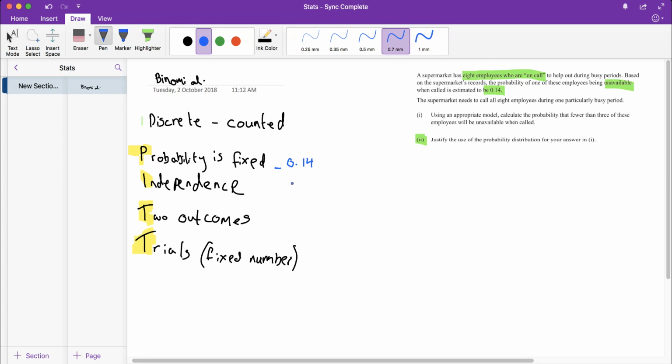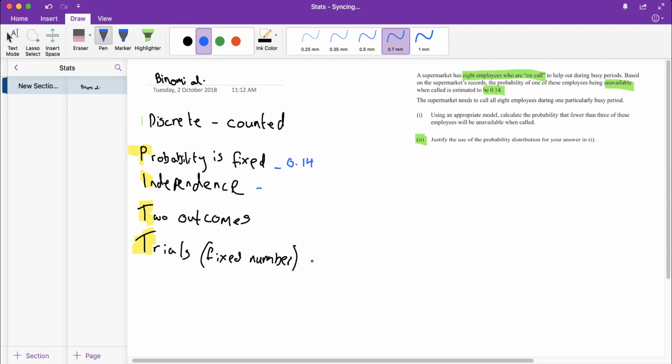If I phoned multiple members of these 8 and asked them, are you available to work, they're not going to know that the last person said that they were unavailable, so that's not going to affect it. So they are independent. Are there 2 outcomes? An employee, when we phone them, is either going to be available or unavailable. 2 outcomes.